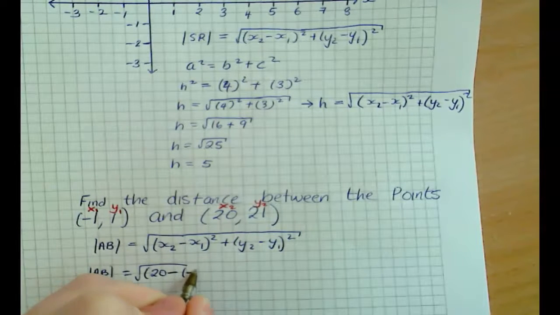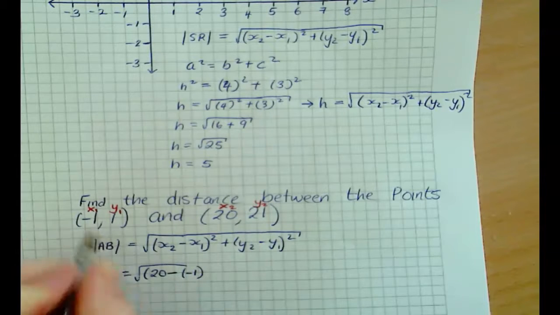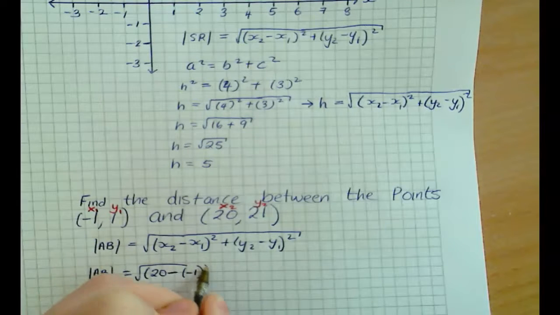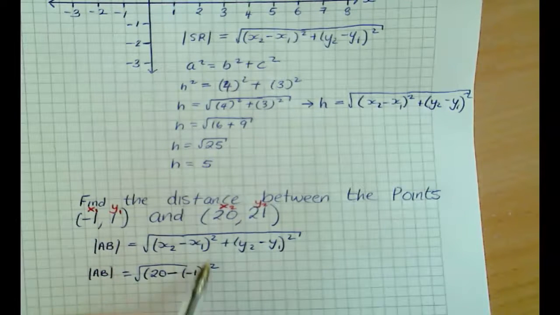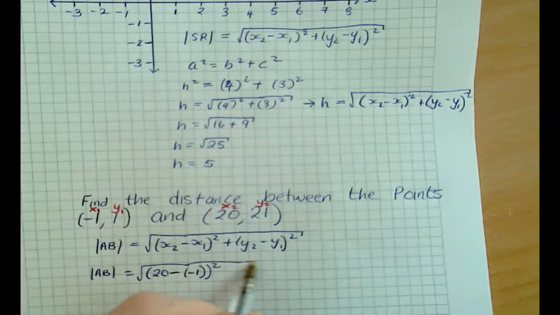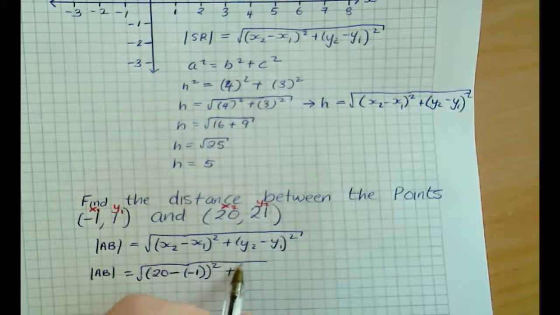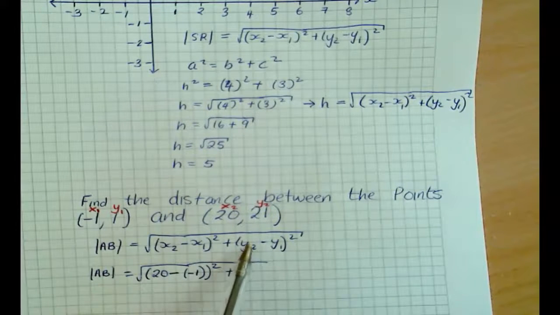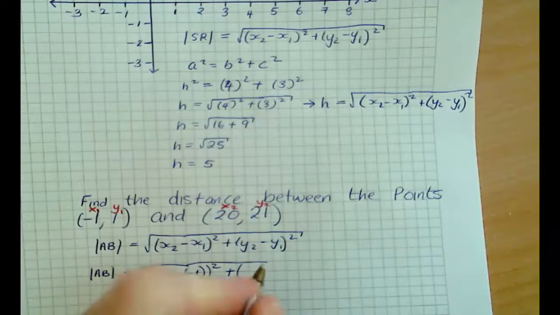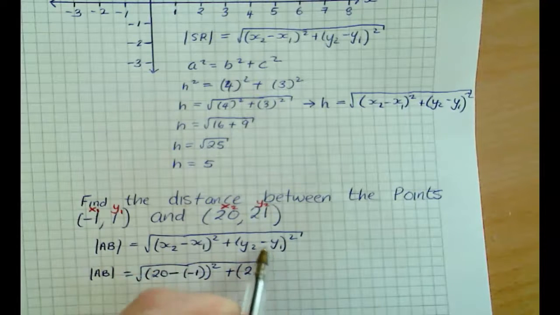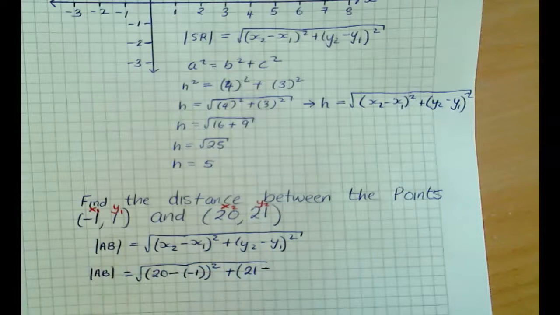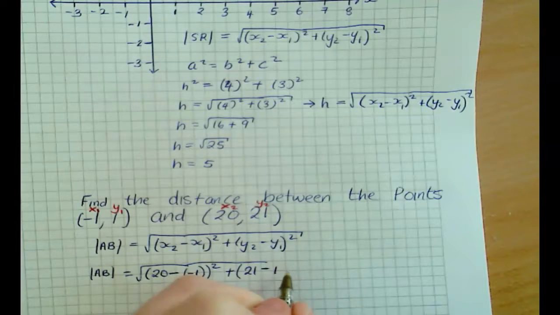It's a minus 1, so I'm just putting it in a little bracket because it's a minus. And it's all to be squared. Plus, open up the bracket, y2. So what did I label y2? It's 21. Minus y1. So what did I label y1? And then close my bracket and square it.